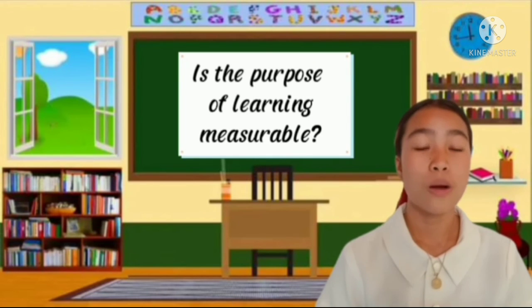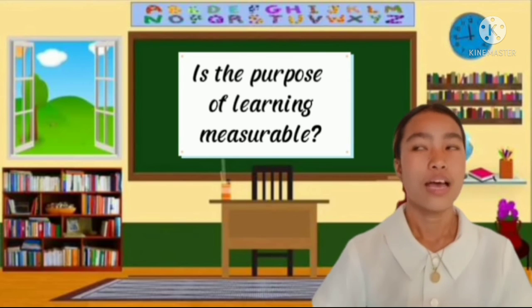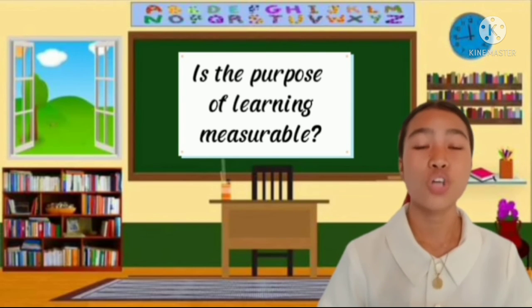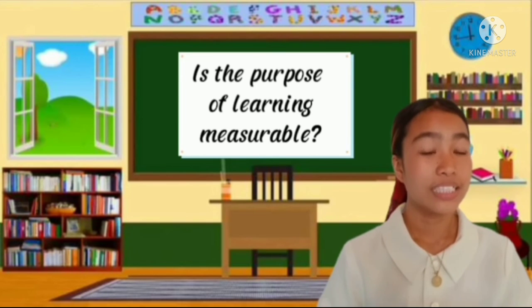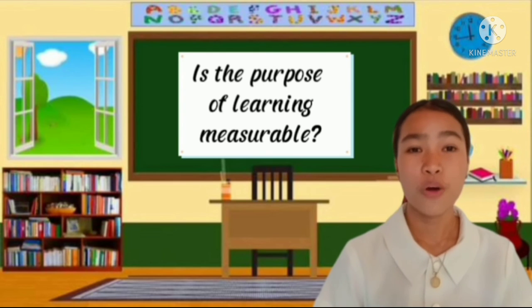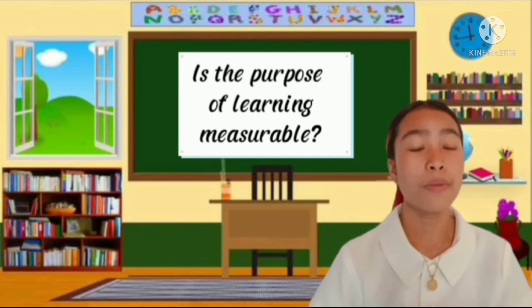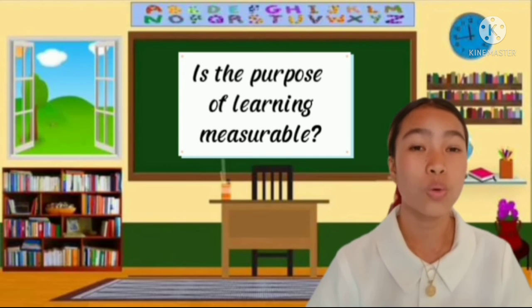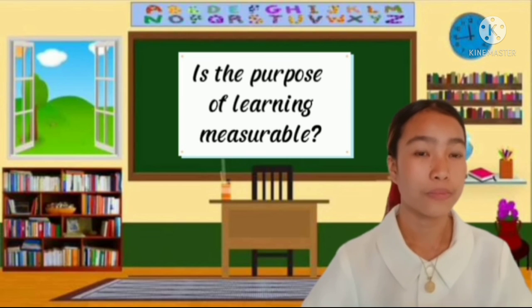Is the purpose of learning measurable? Teachers can track student progress and ensure that they understand the lesson before moving to another lesson, because some of the students get a low or high score when they have an activity.